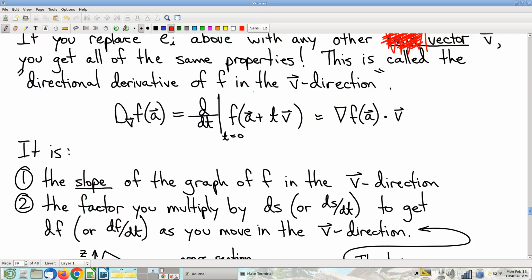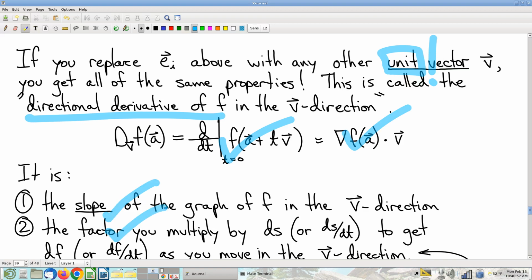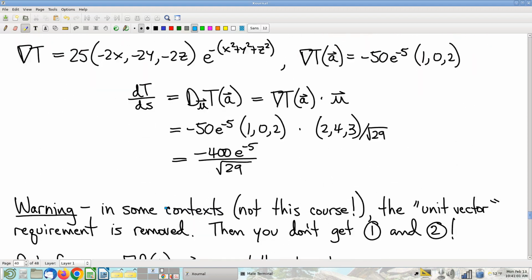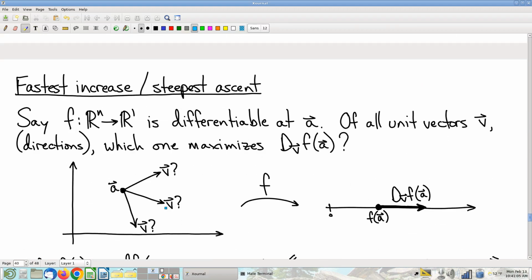Okay. So again, just to be clear, in Math 219, a unit vector is required in order to use the word directional derivative. And as such, all of the goodies come along as a result. Okay, so sorry about that. Again, not my fault. So just to be aware.